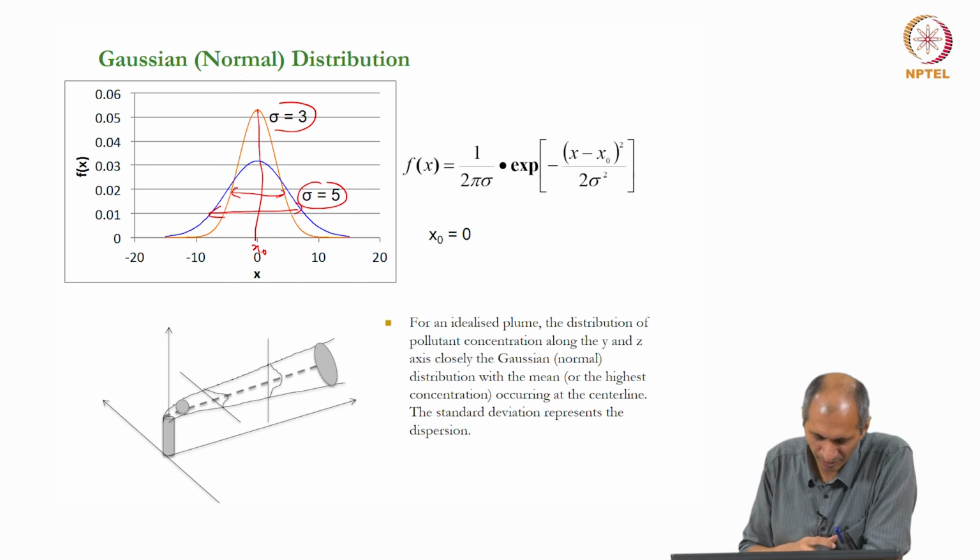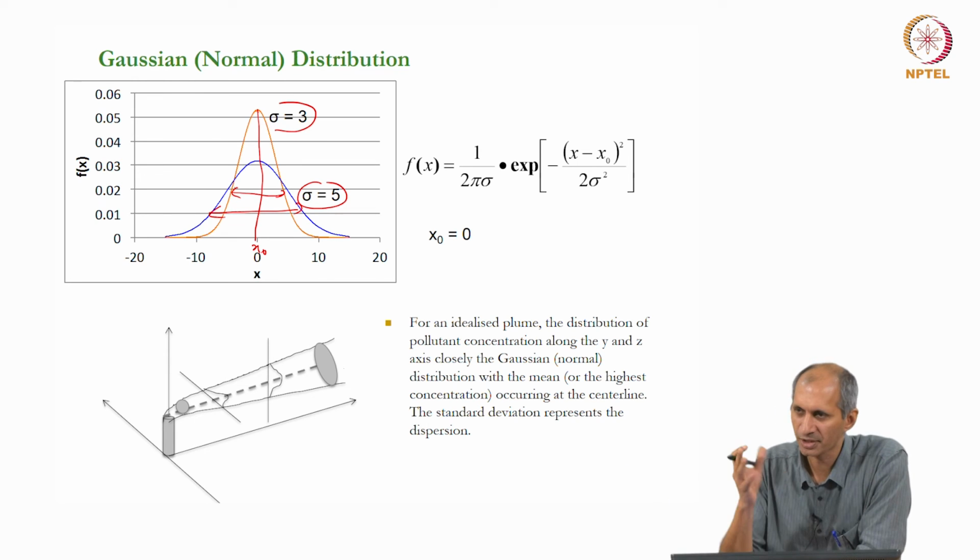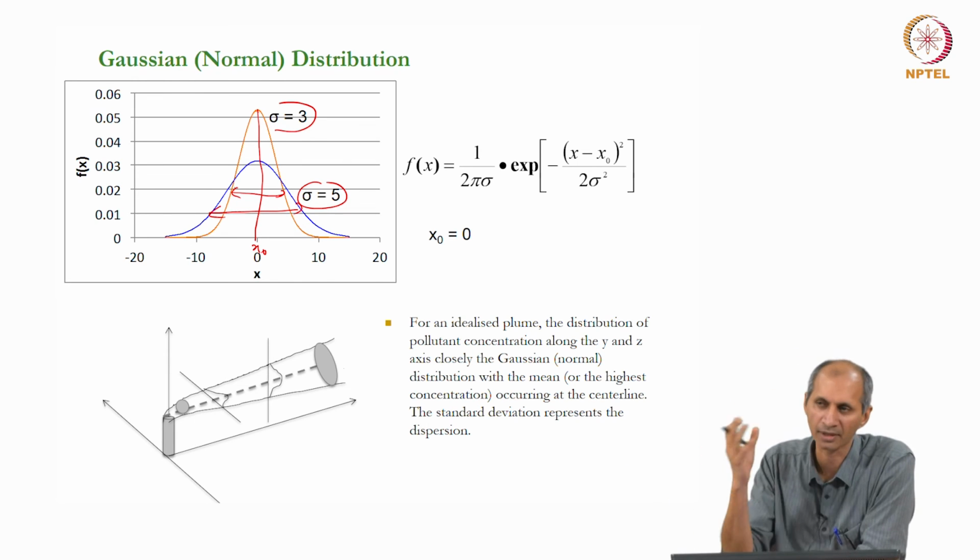For this, we look at an ideal plume. An ideal plume is like this, nicely going in a cone kind of fashion. The cross section looks like an ellipse or even a circle.